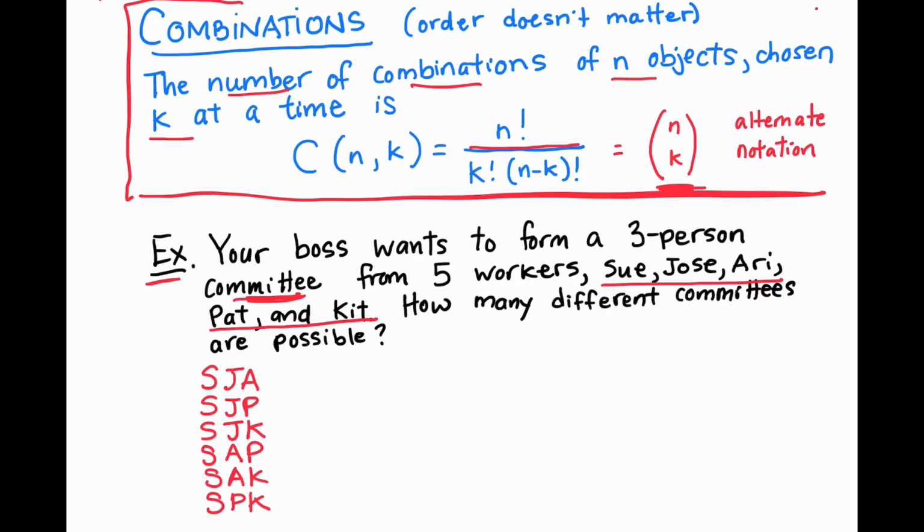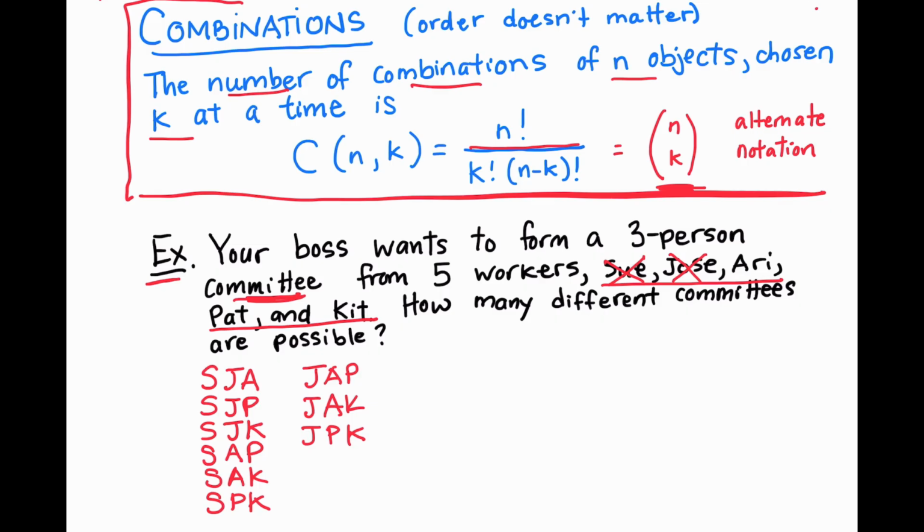So now Sue is out of the picture, and let's just look at Jose. I can put Jose on the committee with Ari and Pat. Jose can be with Ari and Kit, or Jose could be with Pat and Kit. And so I've listed every single possible committee with Jose.